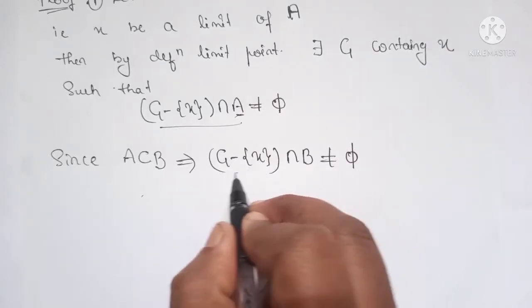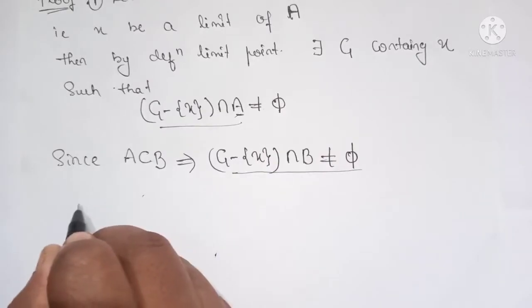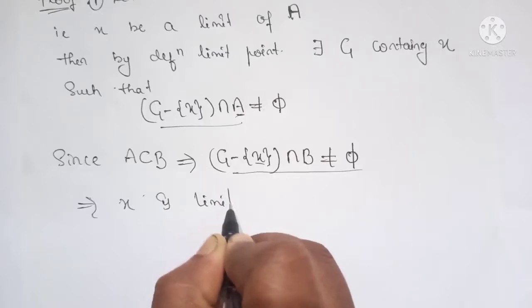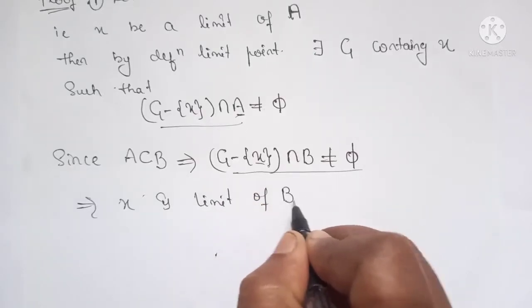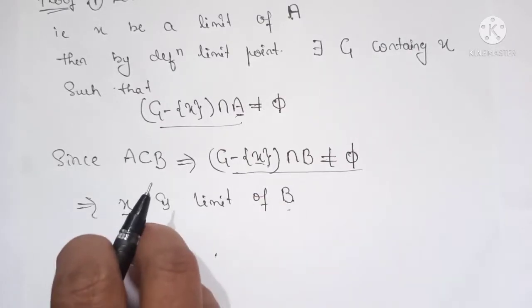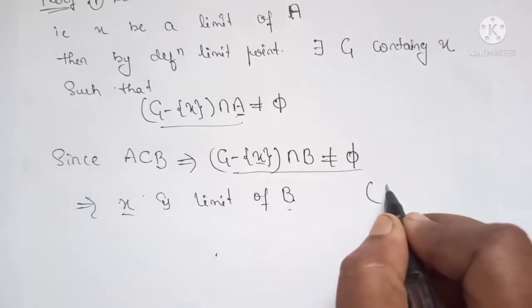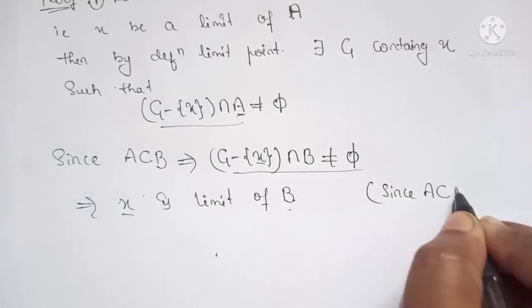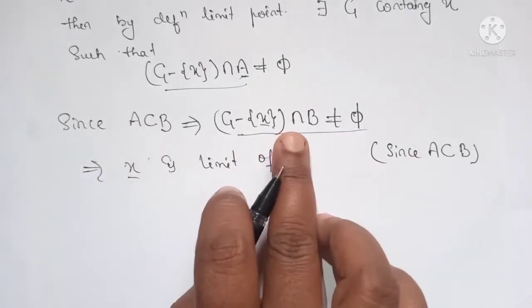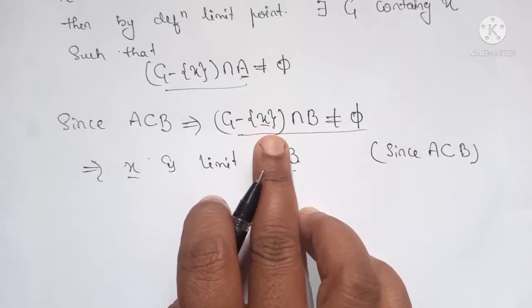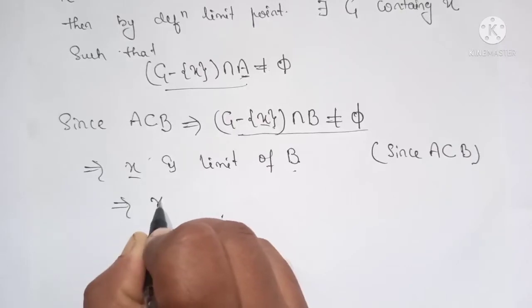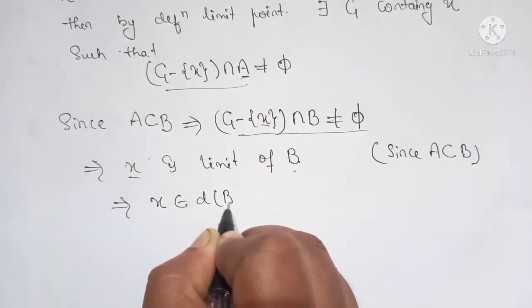Then again by the definition, it implies that x is a limit point of B. So x belongs to the derived set of B.